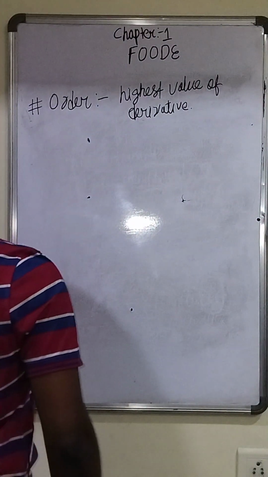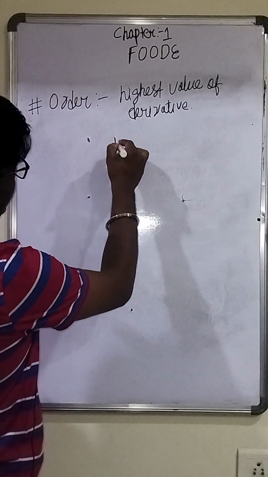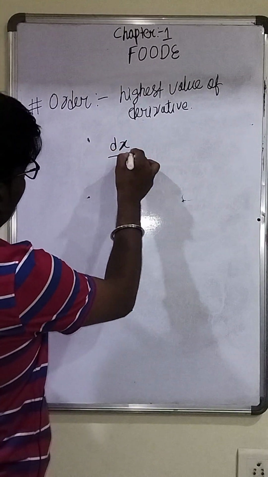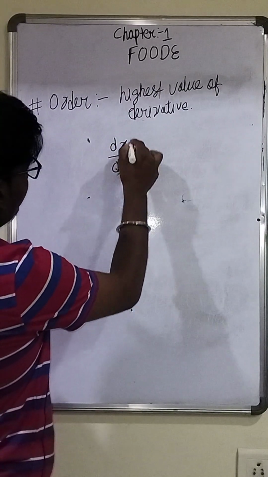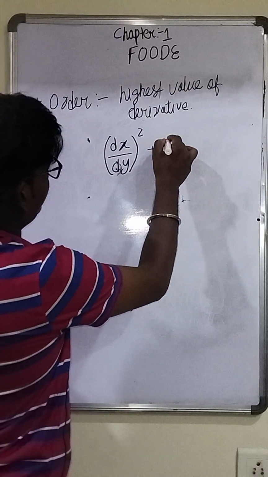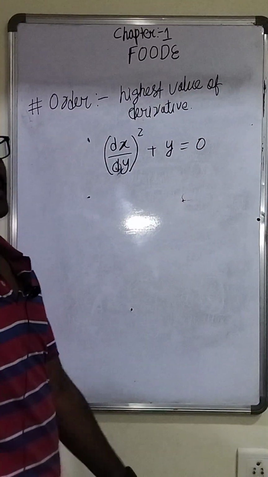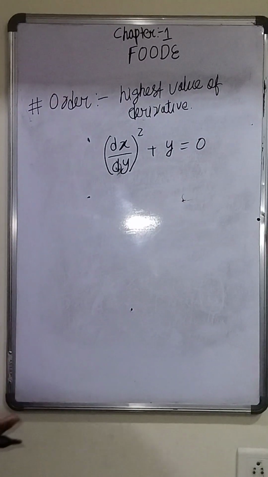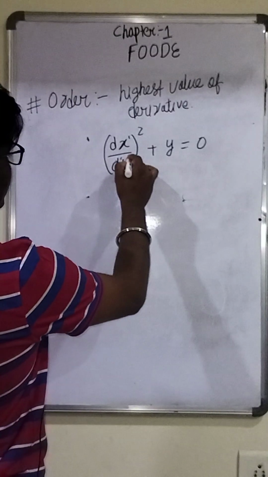So we will see the order in this way, that dx by dy whole square plus y equal to 0. So what is the highest power of that derivative? It is 1, because over here 1. Everything is 1.